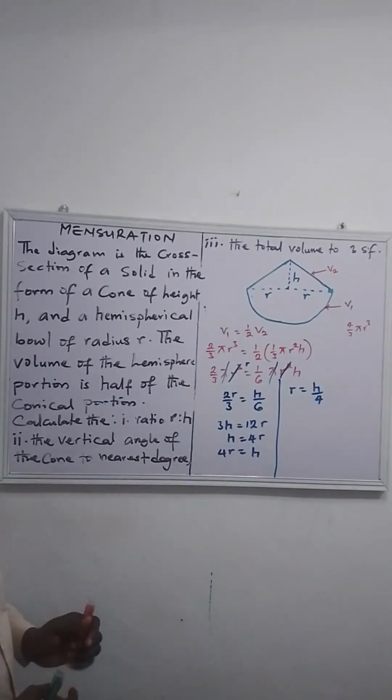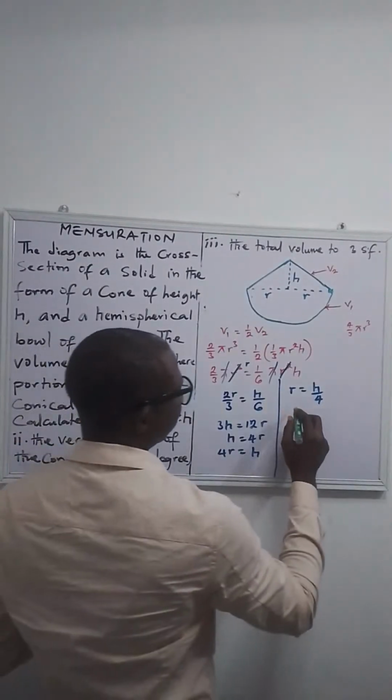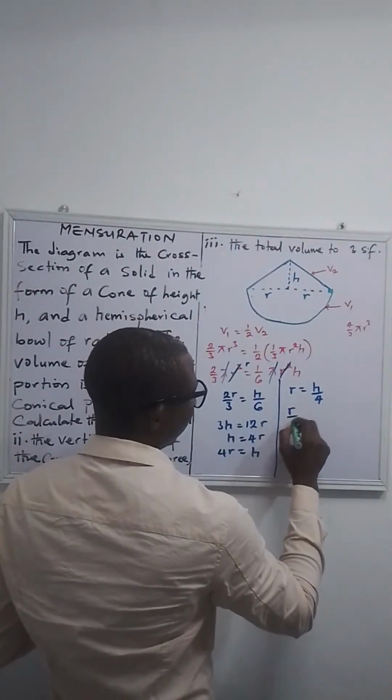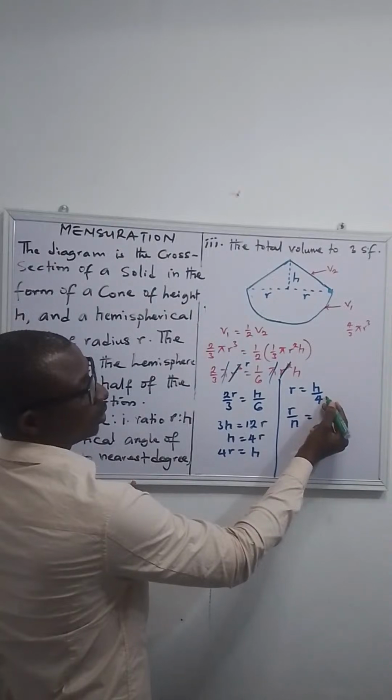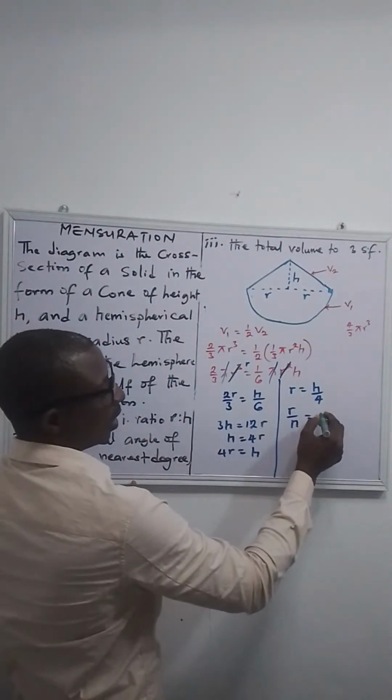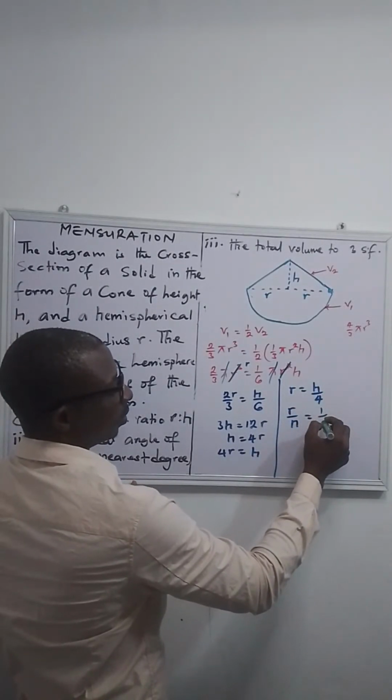Now the next thing I'm going to do is divide both sides by H. So I'm going to have R over H equals, once I divide this by H, H will cancel H, so I have 1 over 4.